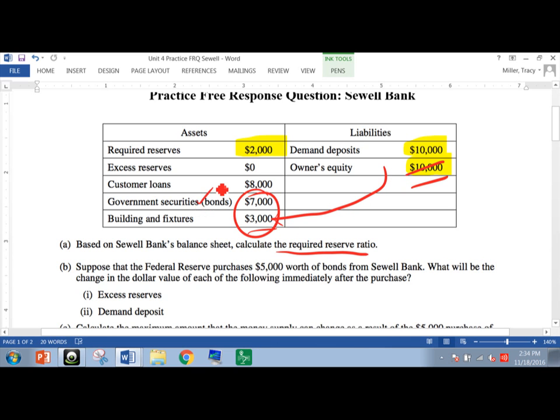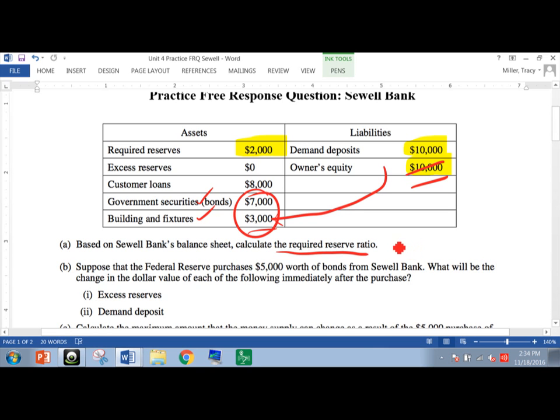So they invest $7,000 of the equity into bonds, which are going to earn the bank interest, which is a great thing for them. It's more profit in the end. And then the building, so maybe they want to have a drive-through for customers so they can do a quick in and out of the bank. So that's where that 10,000 is going.